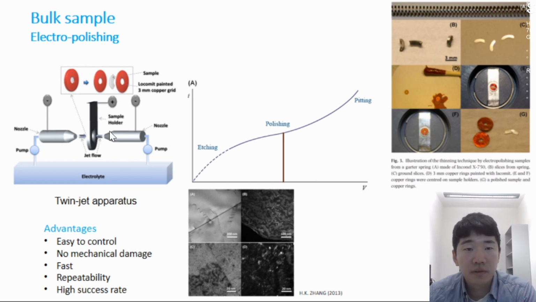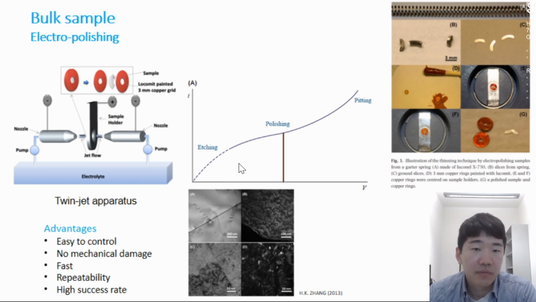Normally twin jet apertures are used to pump jets of electrolyte onto both sides of the dimpled disc, and due to the electrochemistry, the sample is etched and polished. The biggest advantage of electropolishing is that it can produce a thin foil without mechanical damage.